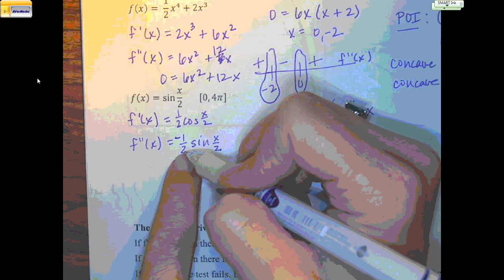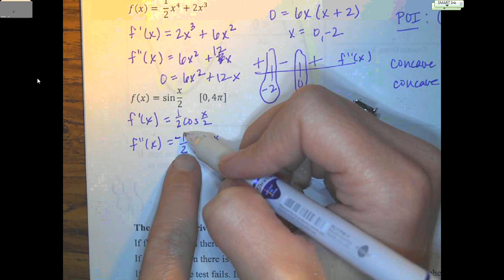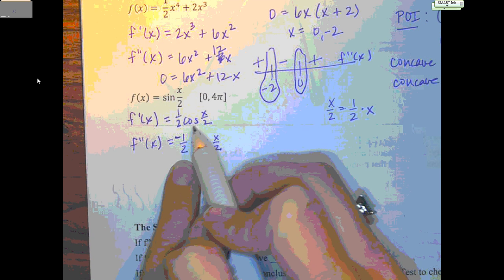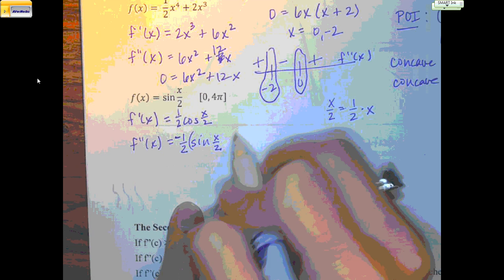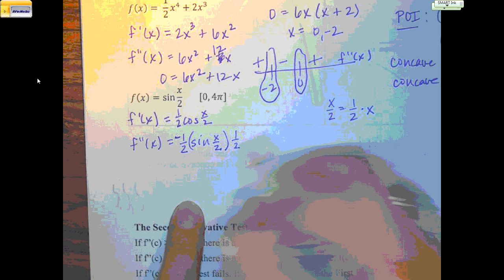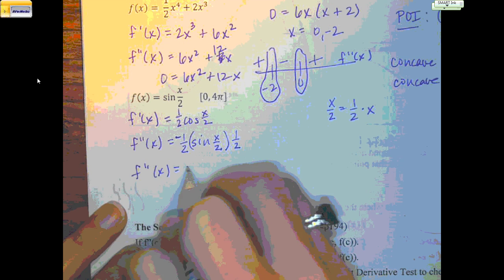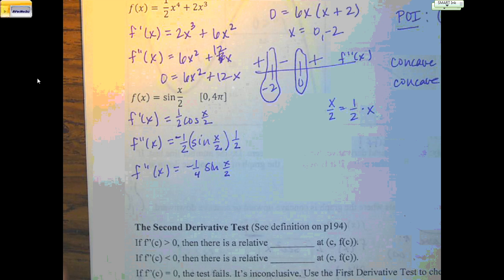If you wanted to do product rule, you can, but it's going to become a 0 somewhere, and that other half goes away. Derivative of cosine is negative sine of the angle. Now we need to multiply the whole thing by the derivative of x over 2, which we said was a half. So I rewrite it as -1/4 sine of x over 2.